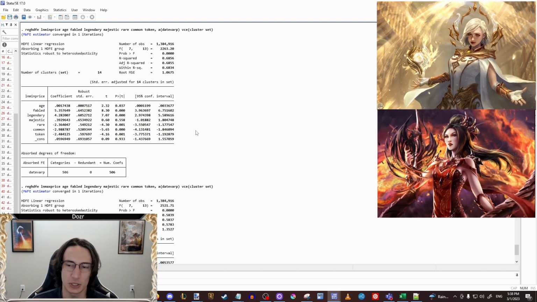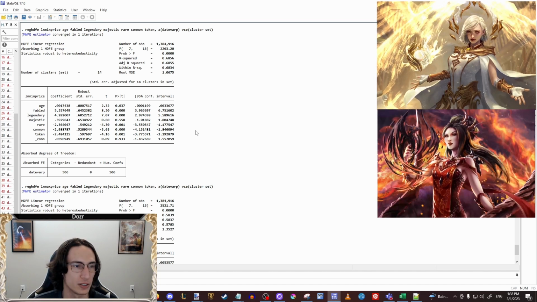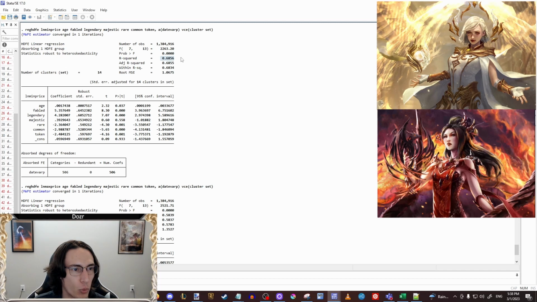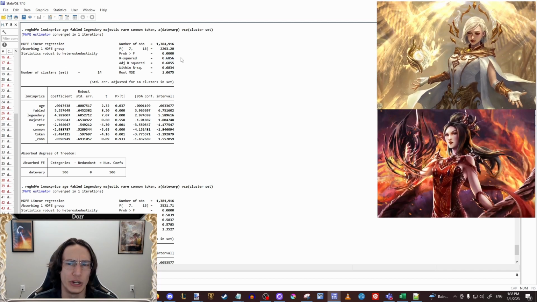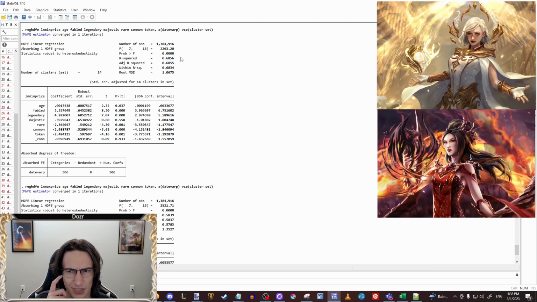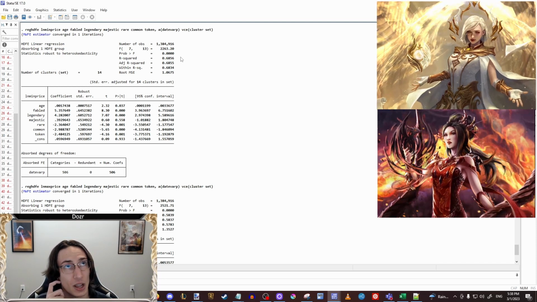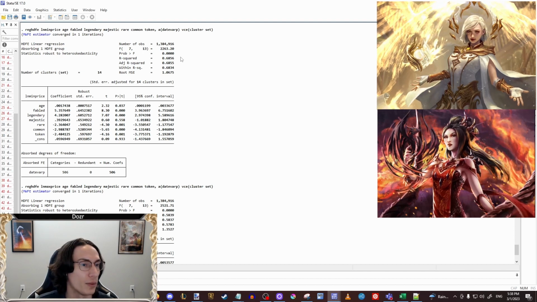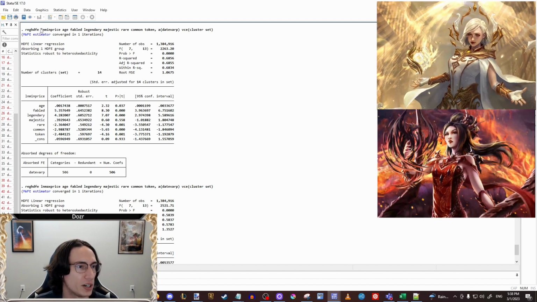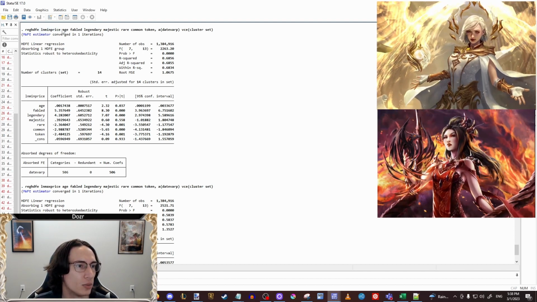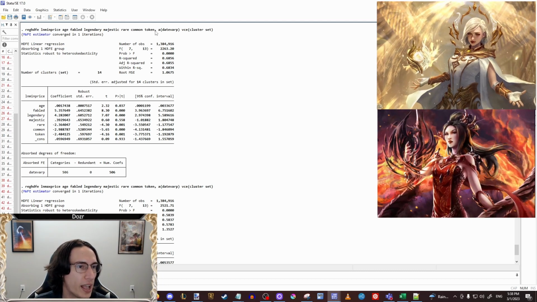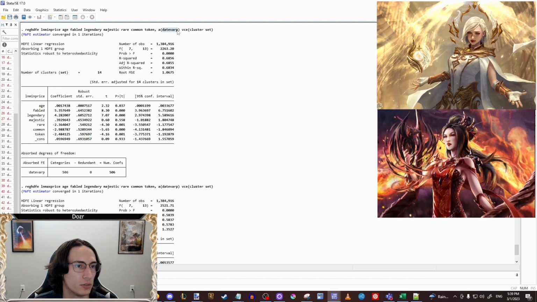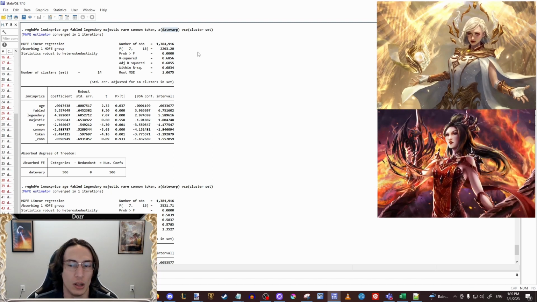So let's analyze the regression output here and start doing a little bit of speculation. Right now we can see that the R squared is 0.68. That's actually really high. R squareds like this could be an issue, but based on the fact that in the regression I've got the natural log of min price regressed upon age and rarity, and we're absorbing the fixed effects of date, so basically a time fixed effect.